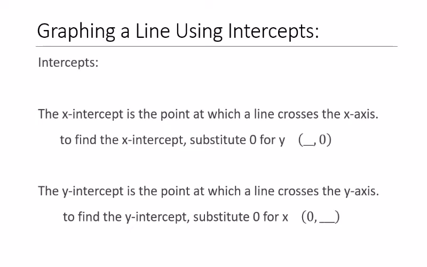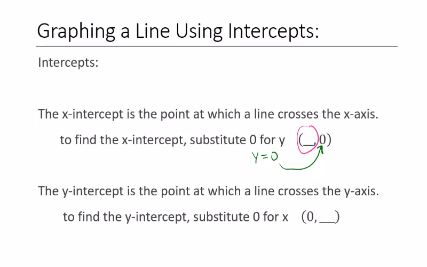This will make more sense when we see some examples. So, graphing lines using the intercepts. The x-intercept is a point at which the line crosses the x-axis. To find the x-intercept, substitute 0 for y, just like we said, right? Y equals 0. So we substitute 0 for y, and then we figure out what x is. Any point that has a comma 0 is going to be on the x-axis.